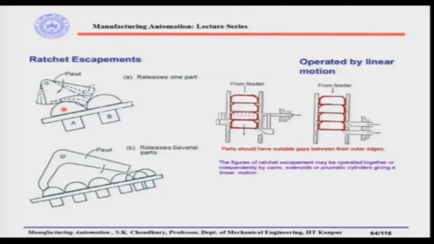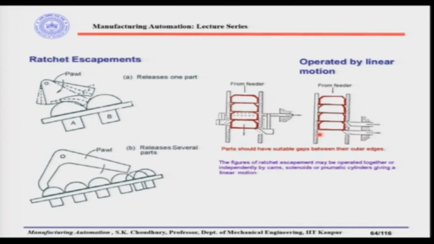We have shown some examples of the escapement. For example, here it was a ratchet escapement. It is for releasing one part at a time or more than one part by using a pawl which is pivoted here and which goes to and fro. This is the arrow which is shown, the direction of movement of the pawl.